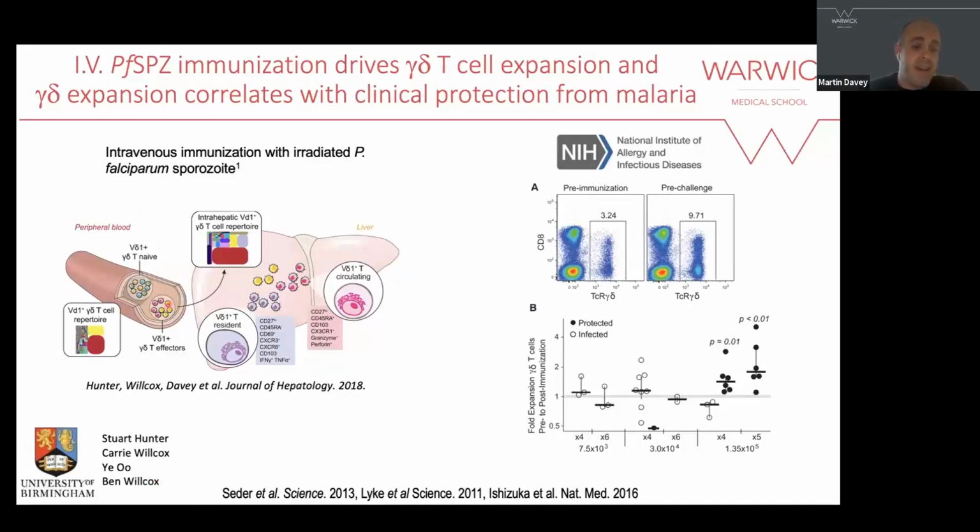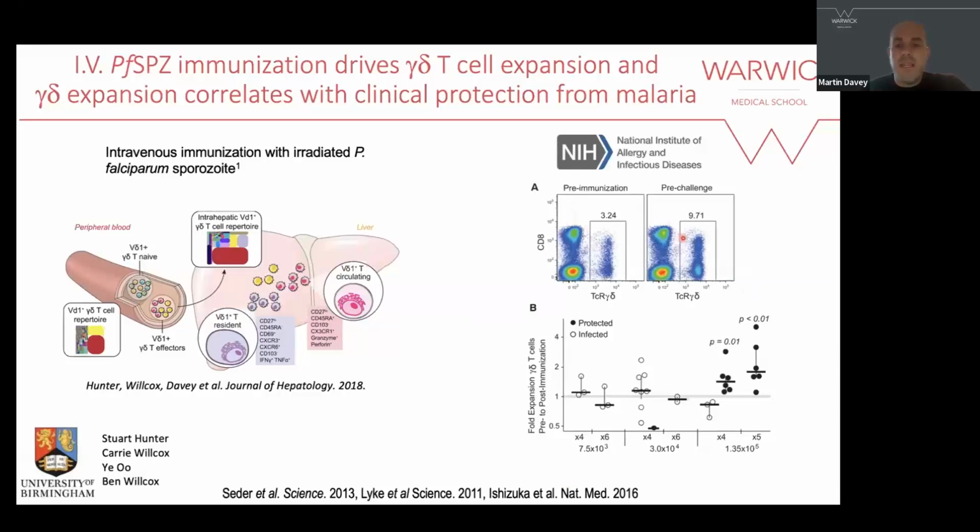In this study, we found that these circulating populations of naive and effector gamma deltas actually enter the liver quite readily, and we could find the same receptor pairings of effector cells that were found in the peripheral blood also in the liver, but we also found resident populations of clonally expanded V delta 1s which weren't populated from the blood. So we reasoned that V delta 1s might potentially be important in liver stage immunity.